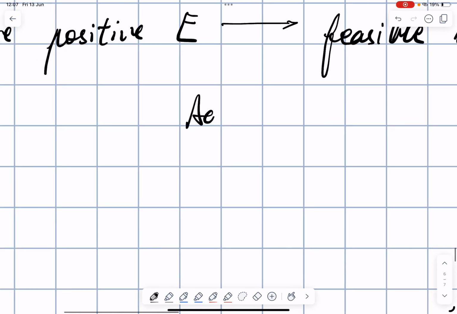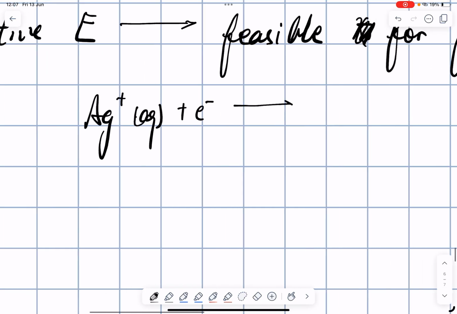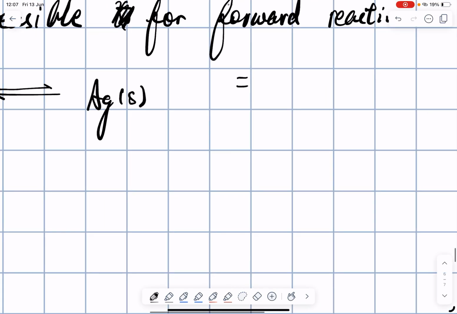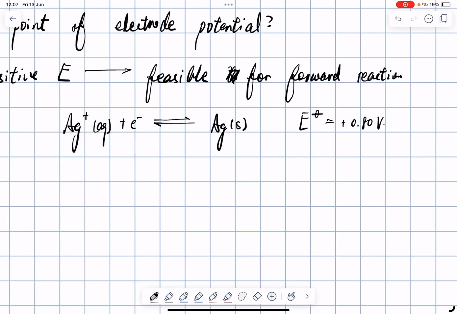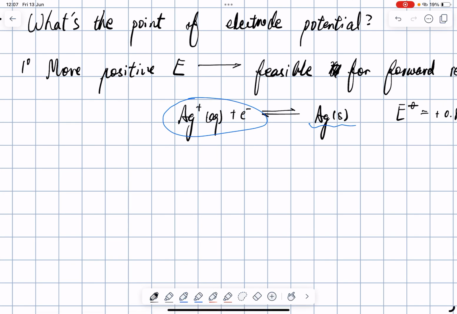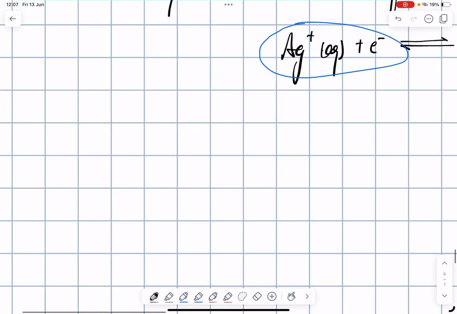A good example will be Ag+ (aq) plus an electron, and it produces silver solid. E standard equals positive 0.80 volts. Which means producing silver solid is more favored compared to generating those charged ions.